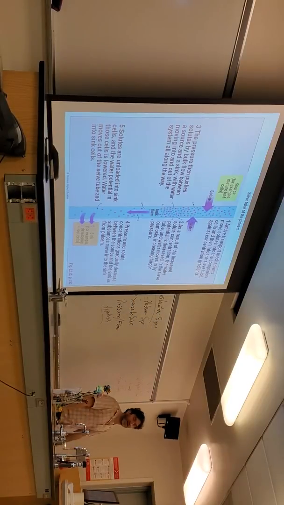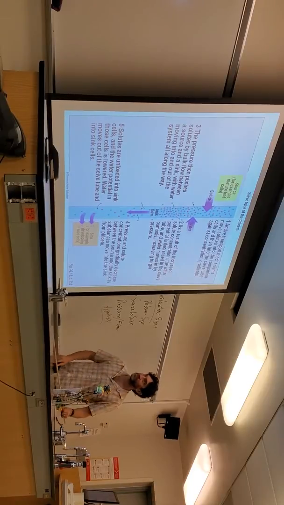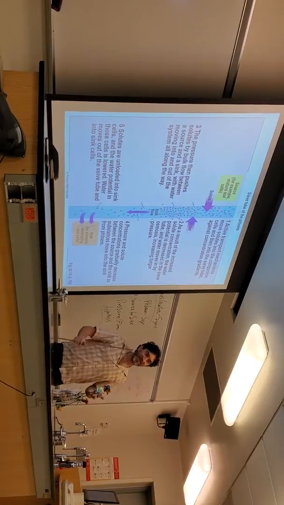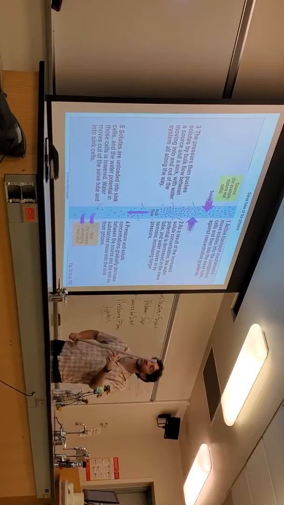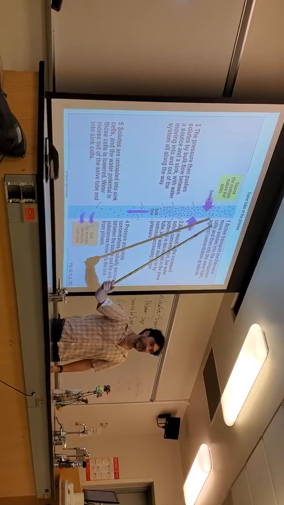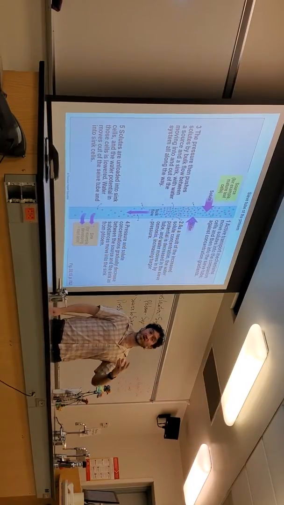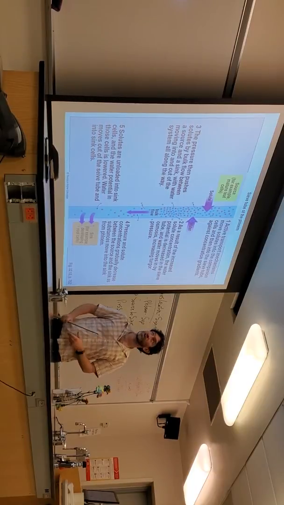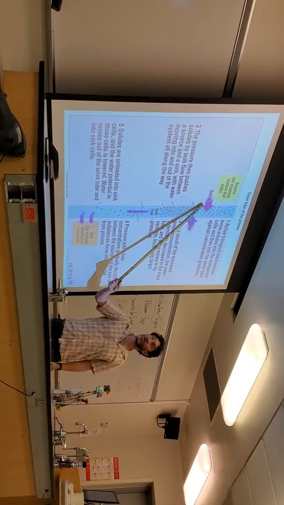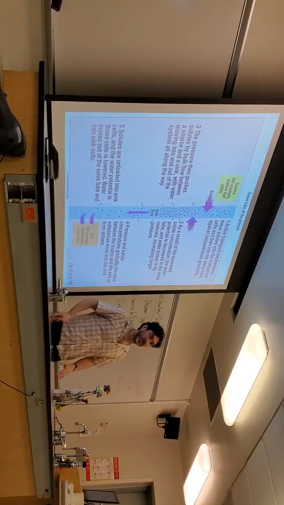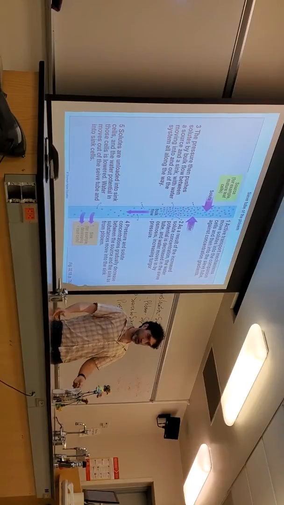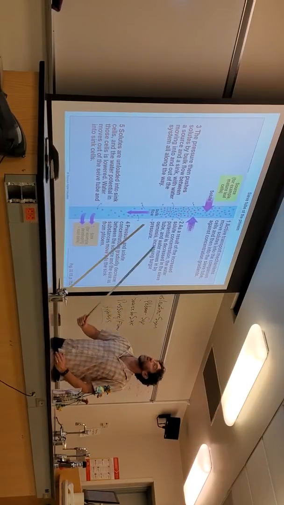Okay? And here's how this works. So at the source, and the source can be a leaf cell, it can be a root, anywhere where you have a lot of solute. Chances are that solute is sugar. Okay, good. All right.